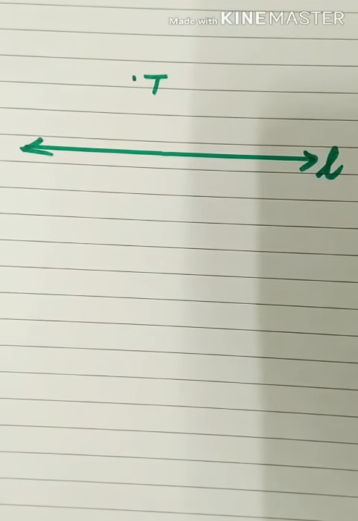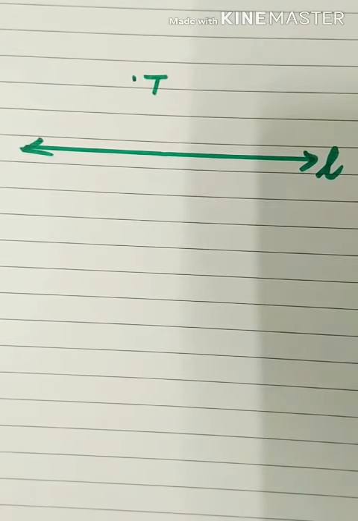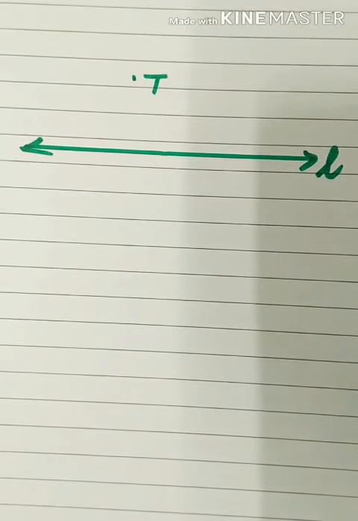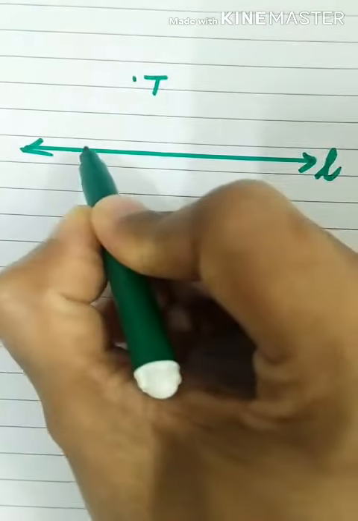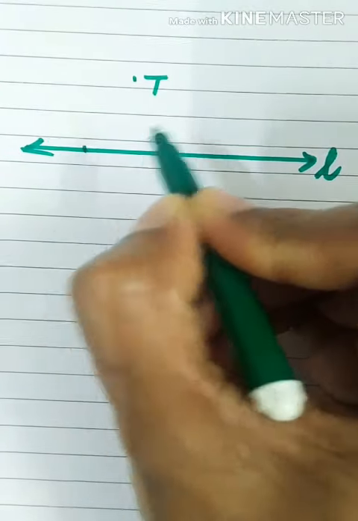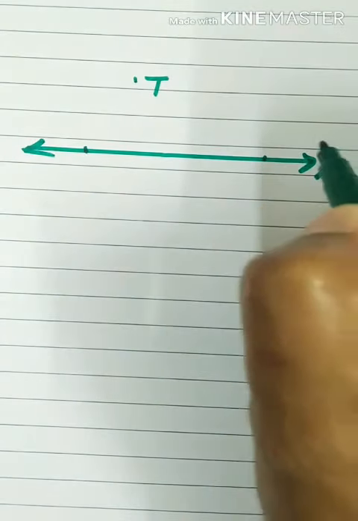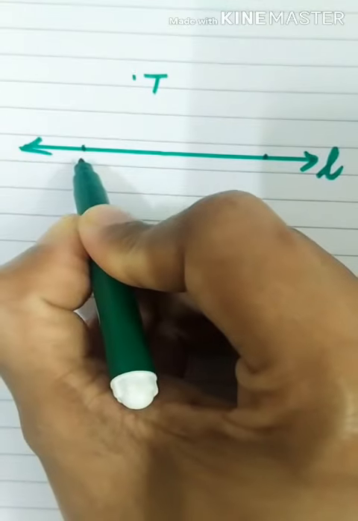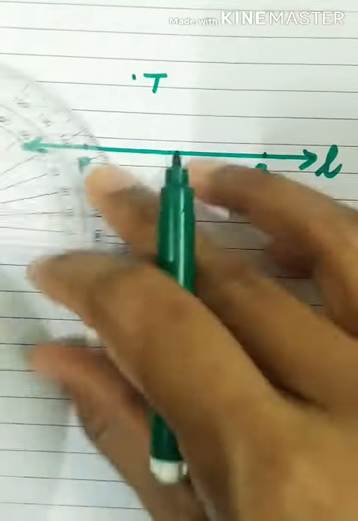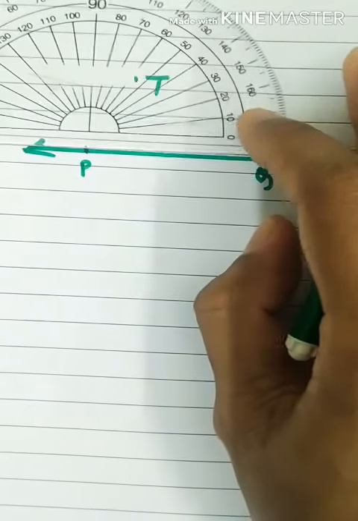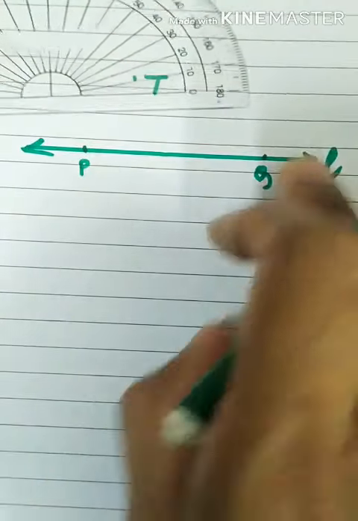Now in the second method I will explain using the protractor and compass. So take your protractor. Let us select any 2 points on this line L. Let me select 1 point here and 1 point here. This point I'll name P, and this point I'll name Q. Keep your protractor on this line which we have drawn.